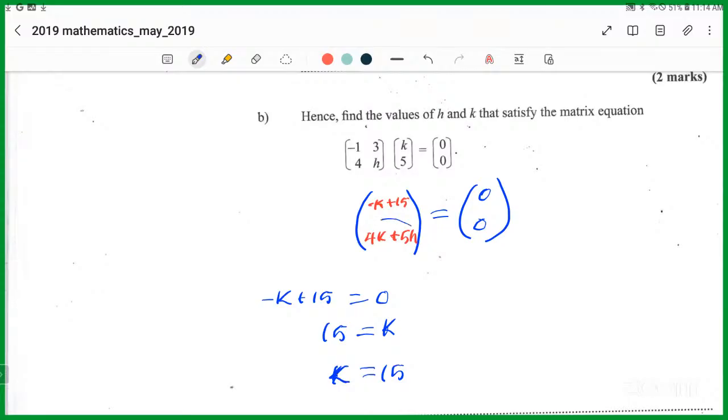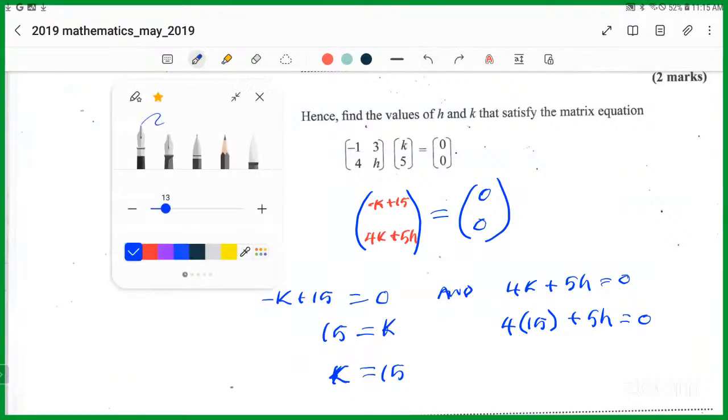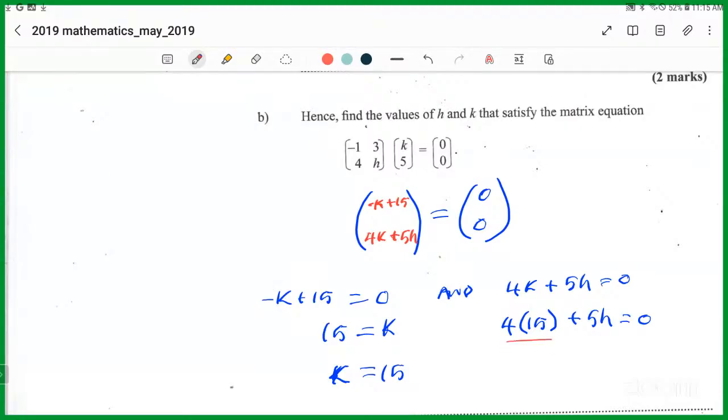Then this other part is equal to 0 as well, so 4k plus 5h is equal to 0. Remember that k is 15, so we can put 15 right here for the k. Then this becomes 4 times 15 plus 5h equals 0. To get rid of this 5, we can divide through by 5. This is not the only way to do it, but we can divide each term by 5.